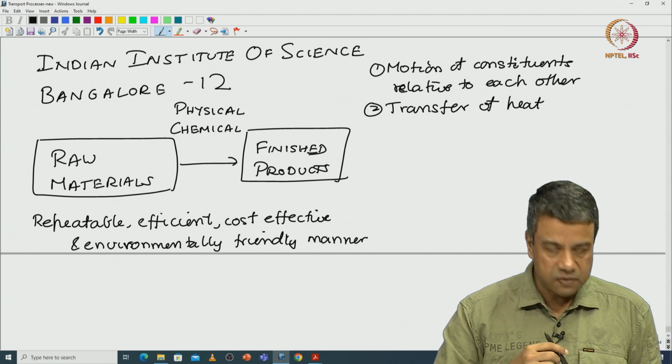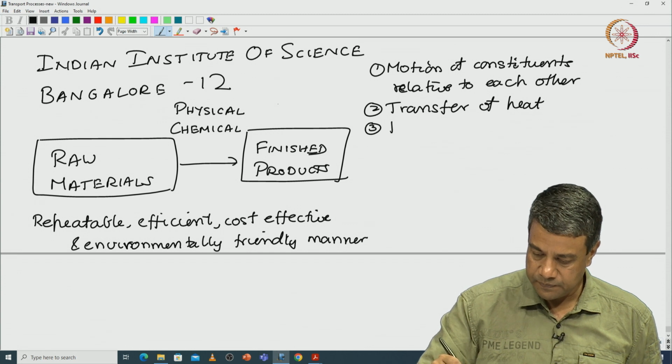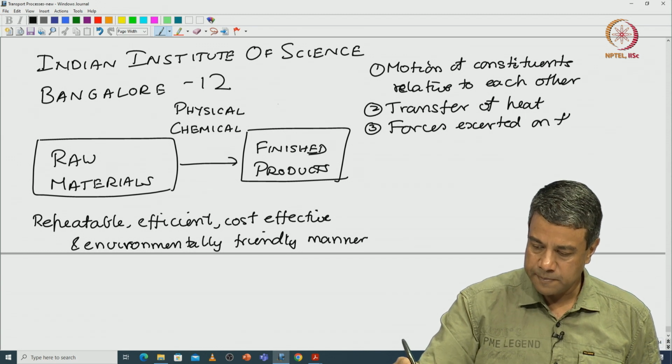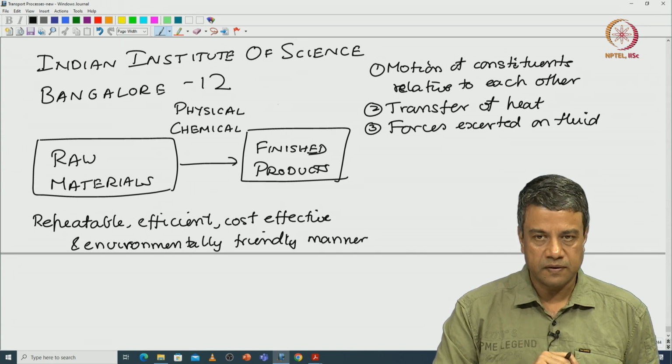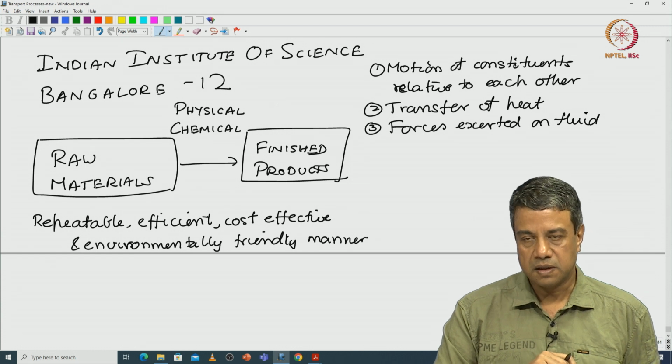And there are also forces that are exerted on the fluid. For example, an impeller mixes two fluids together, so there is a force exerted.